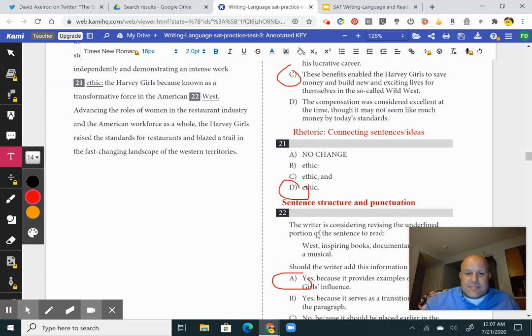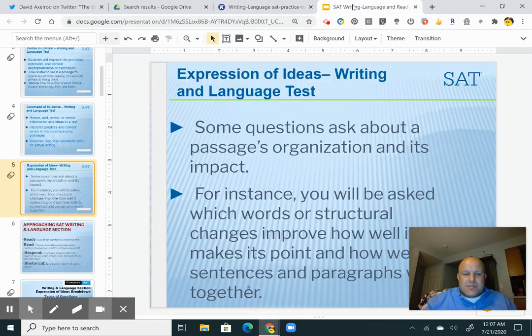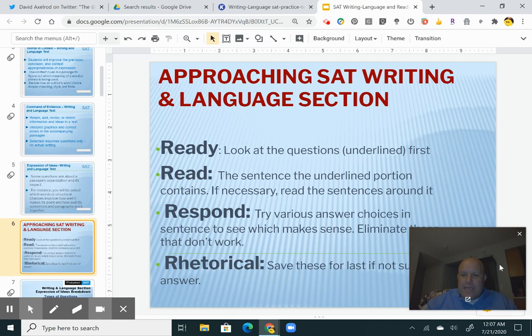I know that was a while ago, but it's the one I'm going through. And then, should the writer consider revising the underlined portion? How do the sentences or phrases they want to put in connect to the paragraphs around it? Those are more difficult and may require you to spend more time on them in terms of timing.